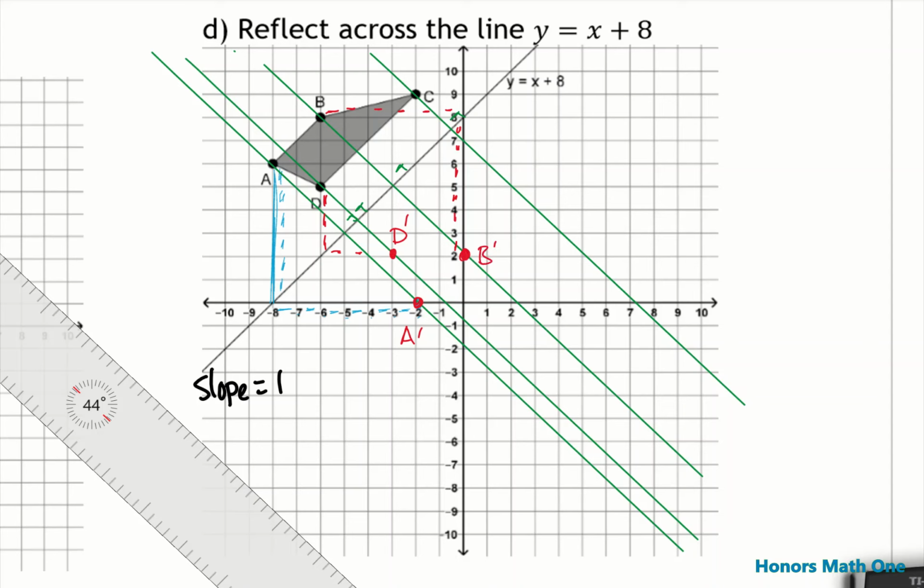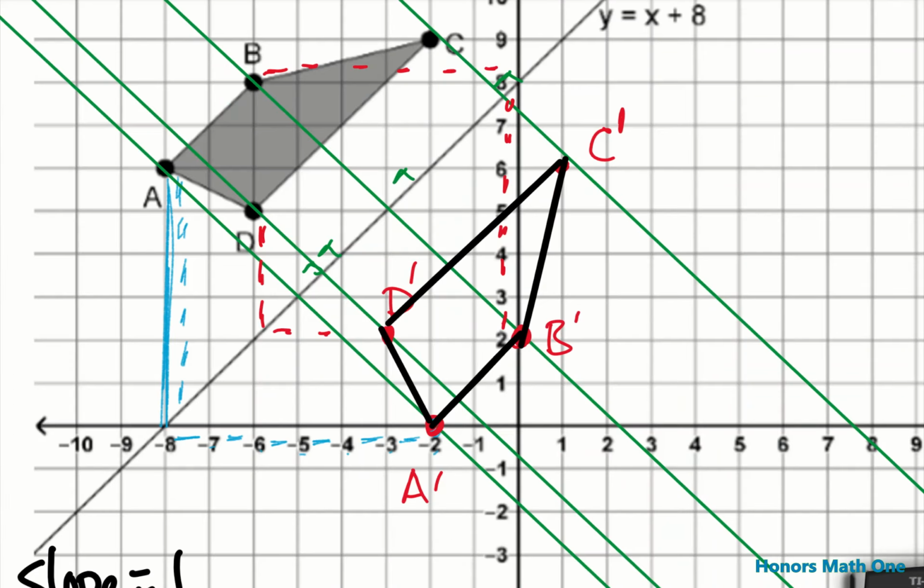And then C prime, over 1, 2, 3, down 1, 2, 3. This should be C prime. So we end up with this quadrilateral, and we can now see the location of A prime, B prime, C prime, and D prime.